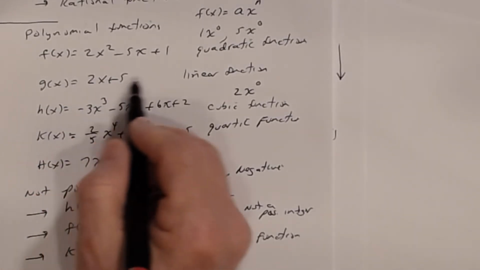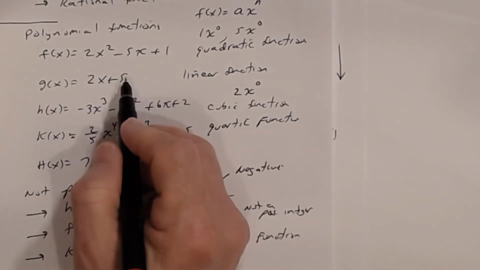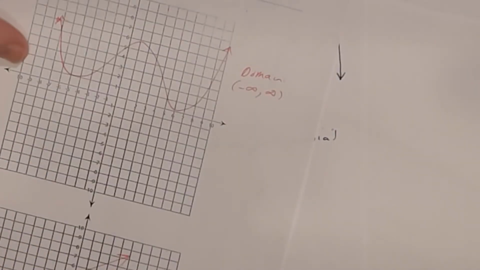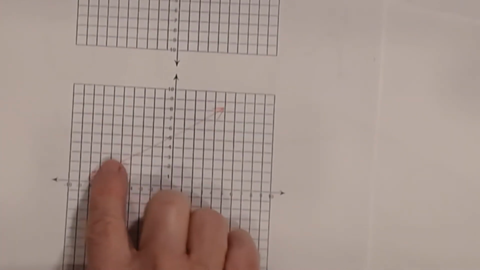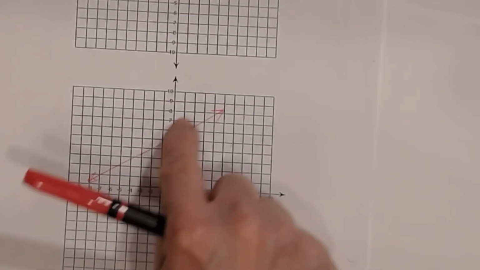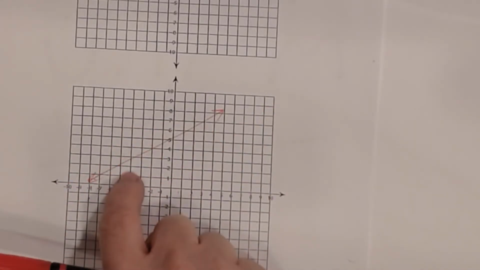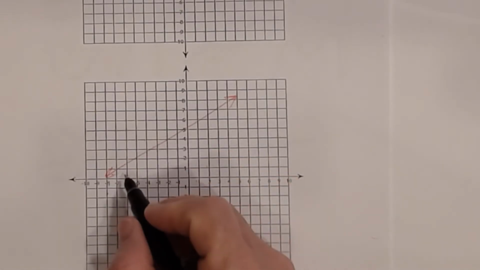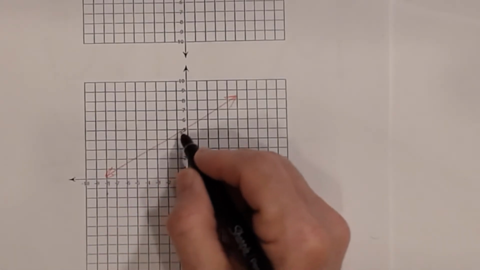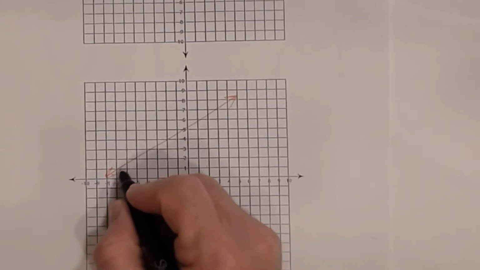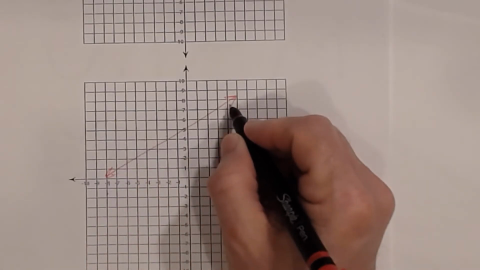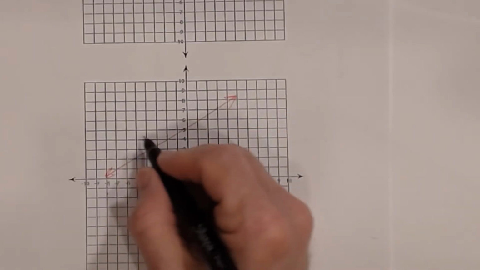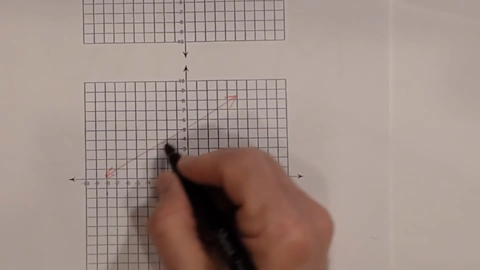A linear function is a polynomial function, and remember the graph looks like this. Even though you don't think of this as a smooth curve, it is still a polynomial function. You can think of it as smooth in the sense that you're just going from left to right. That's a smooth transition. It's not curvy, but it's still smooth.